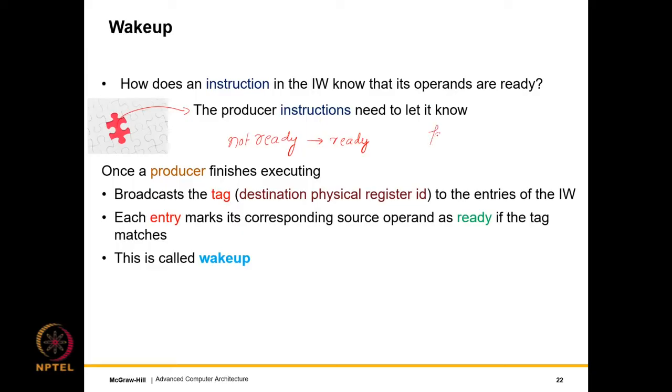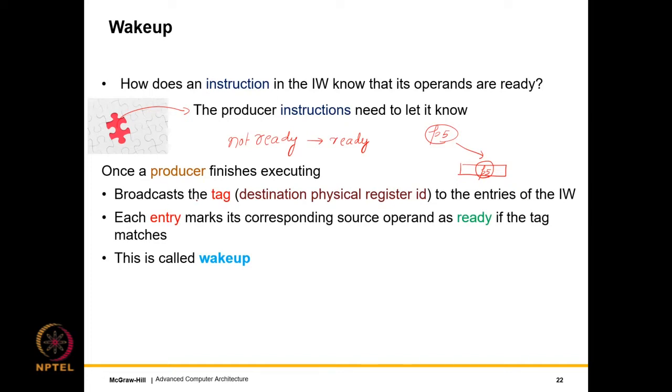For example, let us say that the physical register is P5 and P5's value is being produced and it is being consumed by a later instruction. At the moment P5 will not be ready, but when the producer produces the value of P5, it needs to somehow let all of the consumers of P5 know. So once the producer finishes executing, it broadcasts the tag.